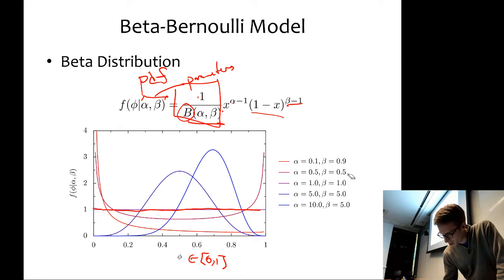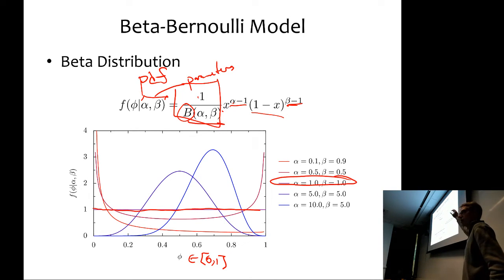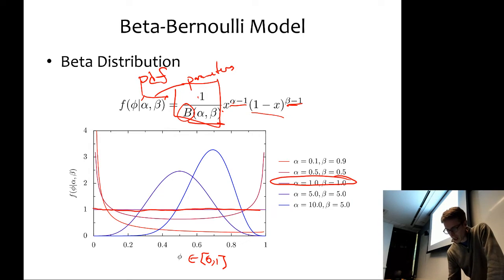In that case, you get an exponent of 0 for both of these, you're just raising the value to the power 0. You could also have a distribution like this 0.5 one, and that would give you this sort of U-shaped density.